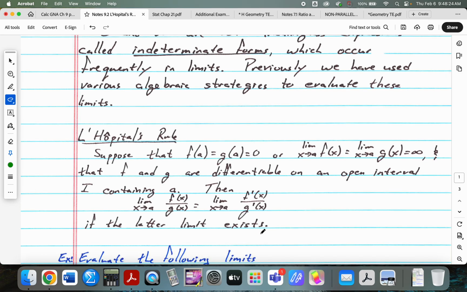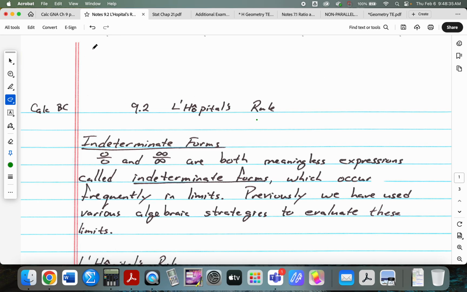Now, before we go on to do that, here's why it works. So you don't need to write any of this down, but here's why it works. So let's say that the limit as x approaches, who knows, 3 of f of x over g of x.